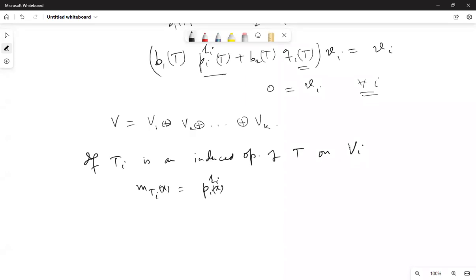While defining the minimal polynomial, this is the least degree polynomial satisfying T. If any other polynomial f(x) is satisfied by T, that means f(T) is 0, then m_T(x) divides f(x).